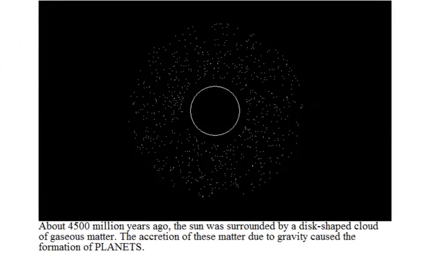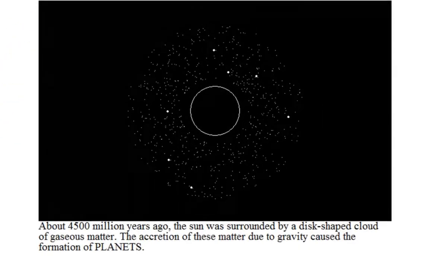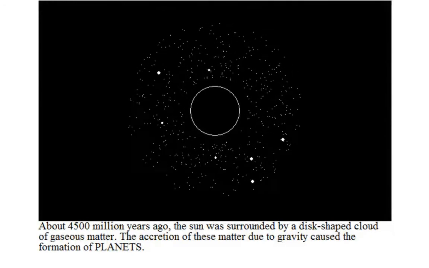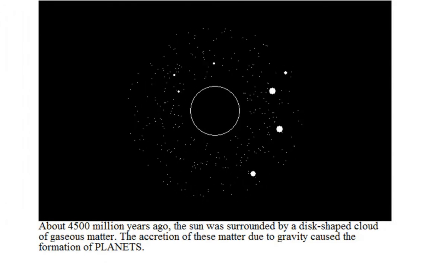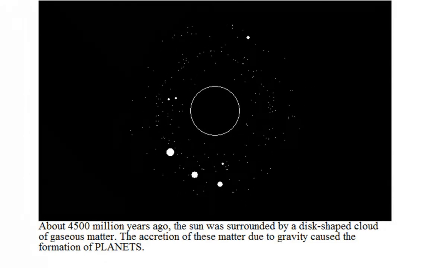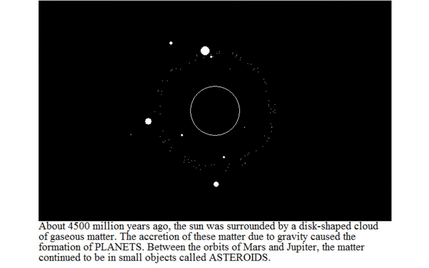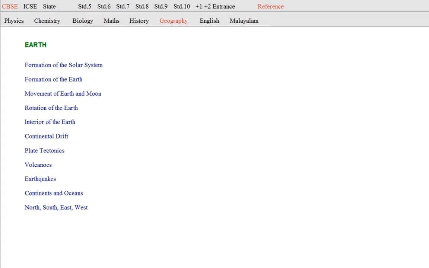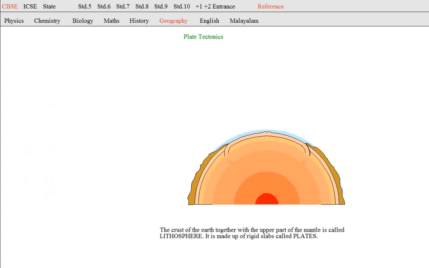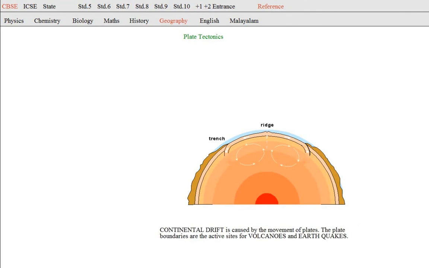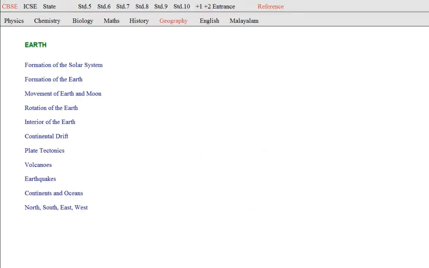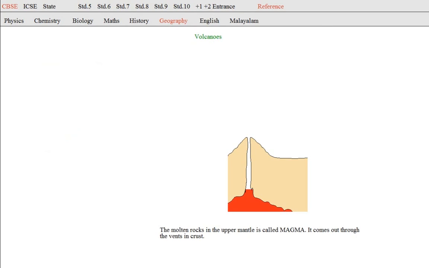Solar system was formed from a gaseous cloud by the gradual accretion of matter due to gravitational force. Plate tectonics. Volcanoes.